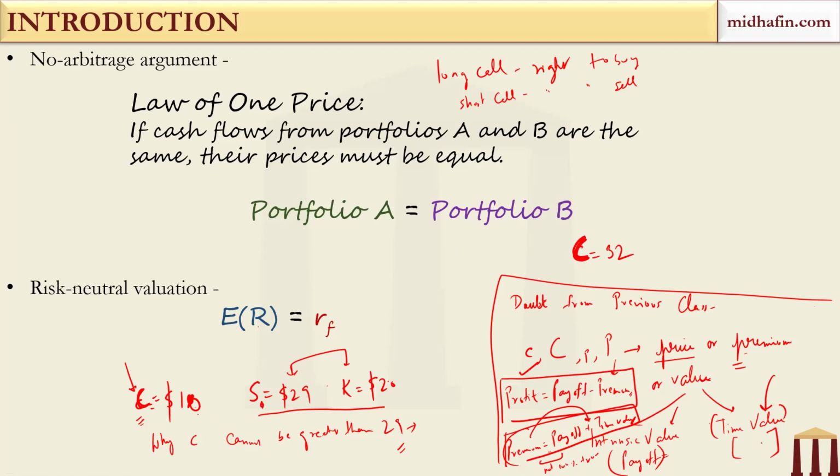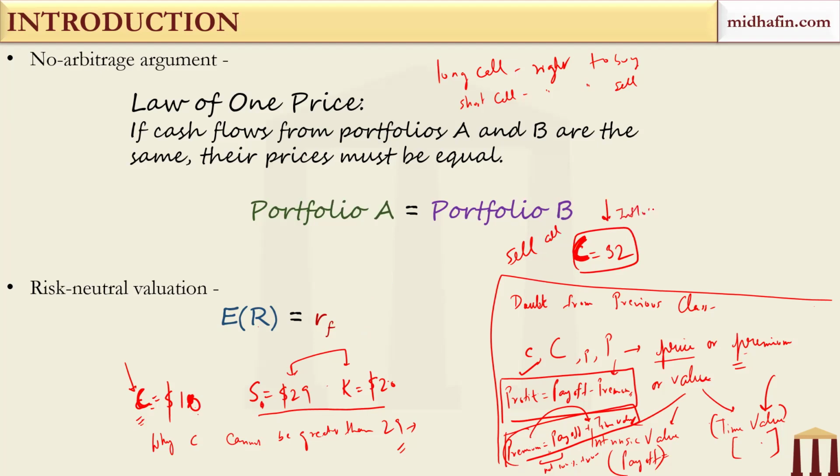So you sell the option and at the same time, you buy the stock immediately. At what price? What is the current price of the stock? 29. Correct. So sell call, you get a cash inflow.